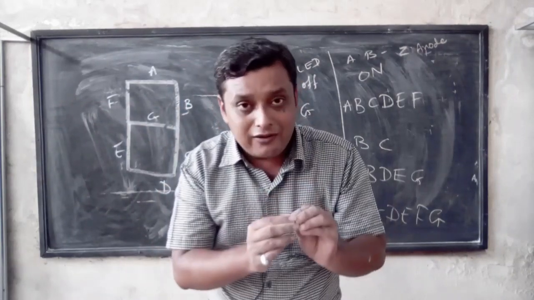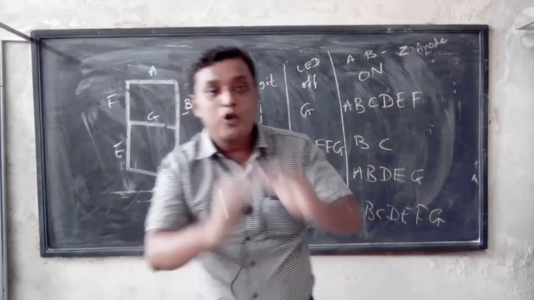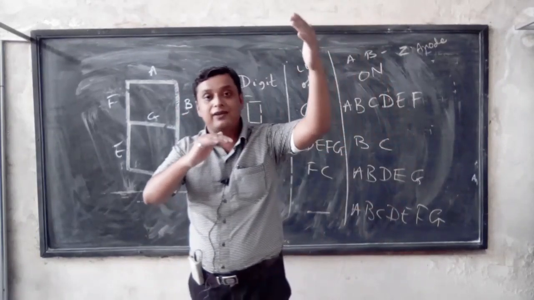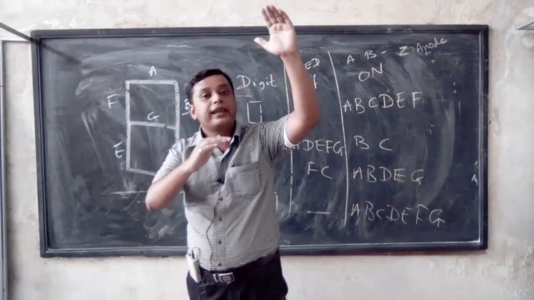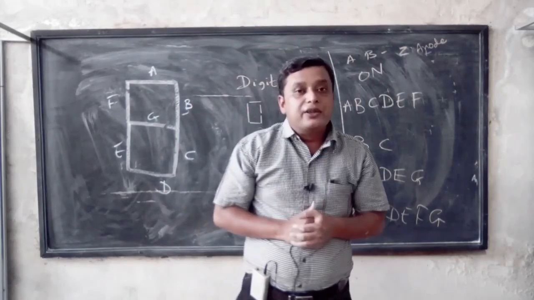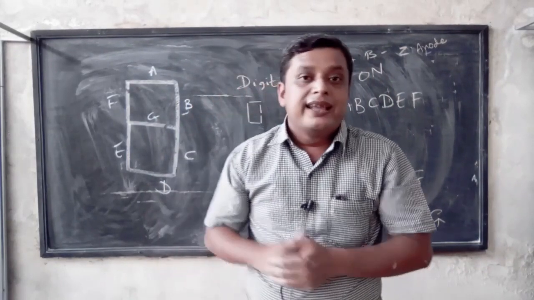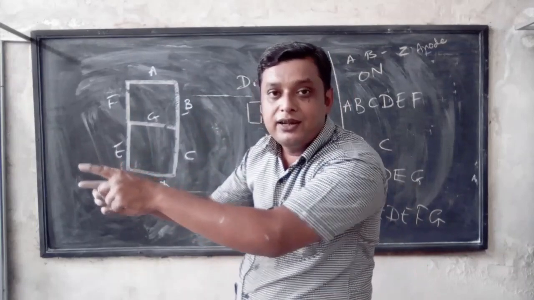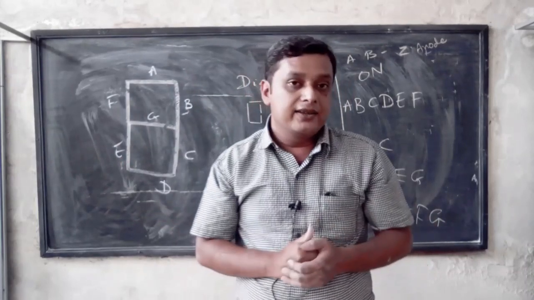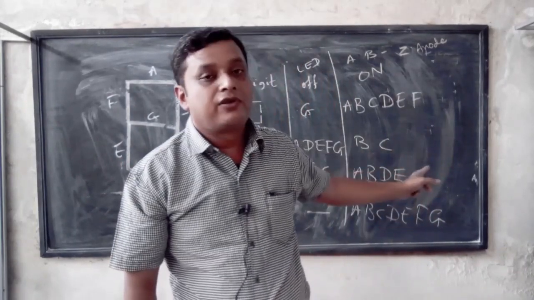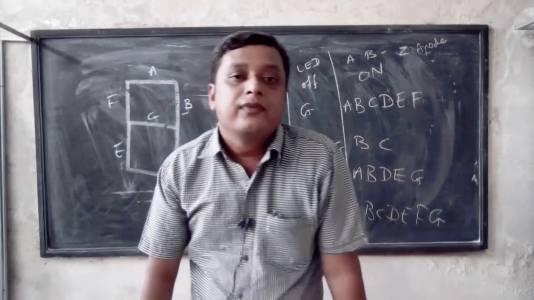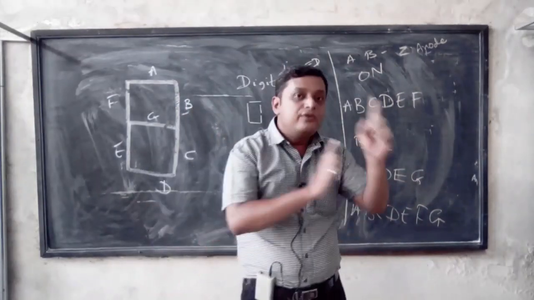So this electron makes a transition from a lower energy level E1 to a higher energy level E2. Solar cells are used to convert light energy to electrical energy, but an LED is used to convert electrical energy to light energy.